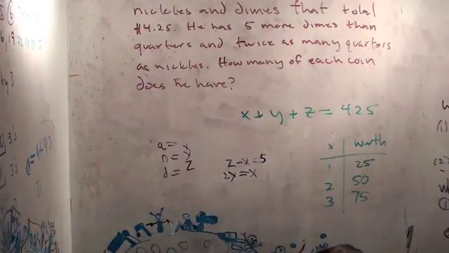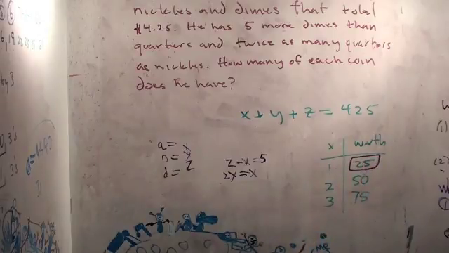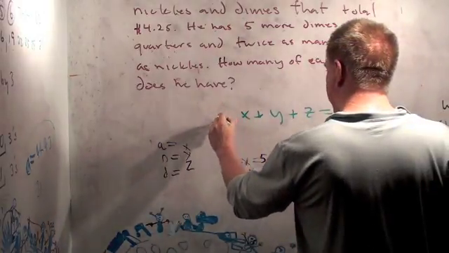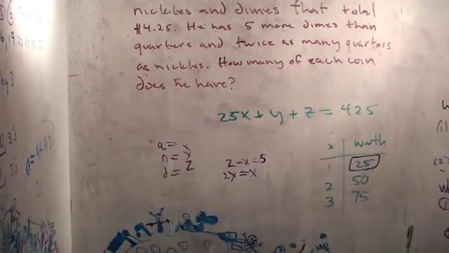Because X is the number of 25 cents. So what do you have to do to X to figure out how much it's worth? Times 25. Right, so it's not X plus Y plus Z equals 425. It's 25X plus how much Y?